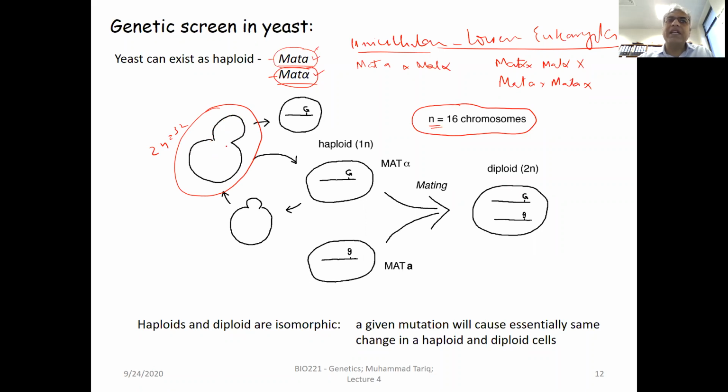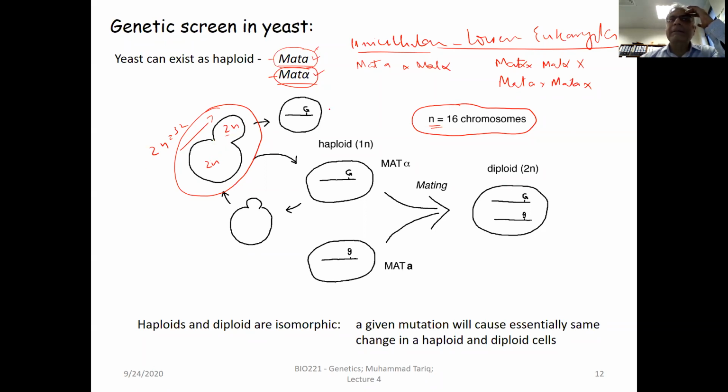Just a bud emerges from the mother cell. And when it undergoes normal mitosis, a mother that was 2N will produce 2N.